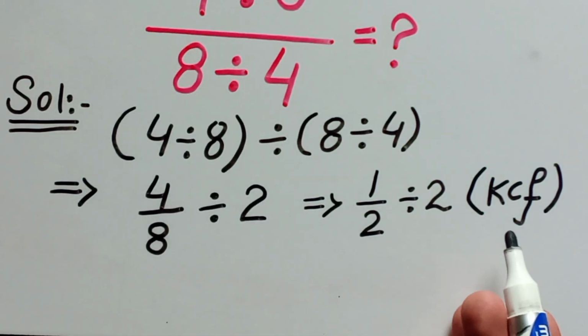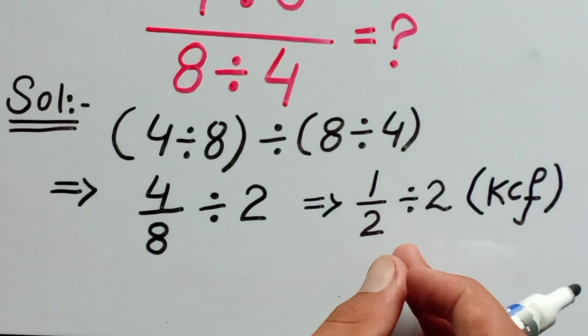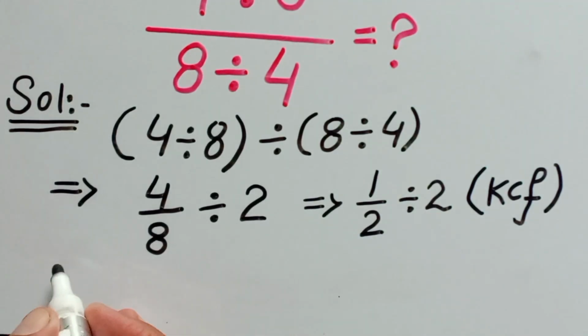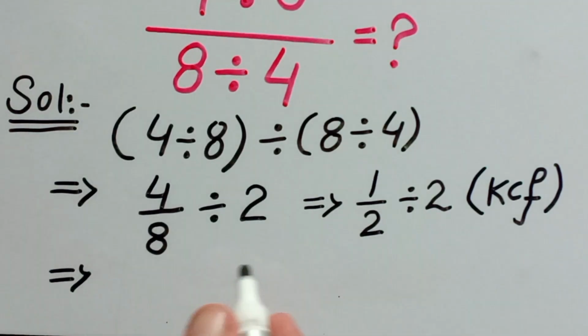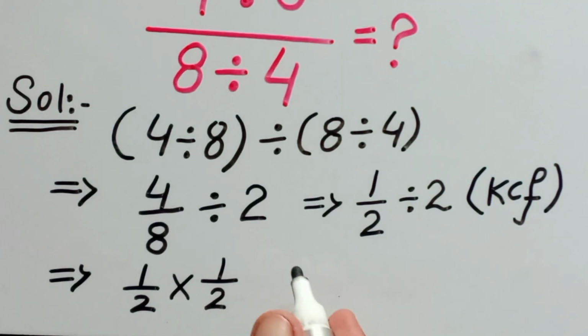Whenever we change division to multiplication, the numerator is changed to denominator and denominator is changed to numerator. So guys, we can write it as 1 divided by 2 times 1 divided by 2.